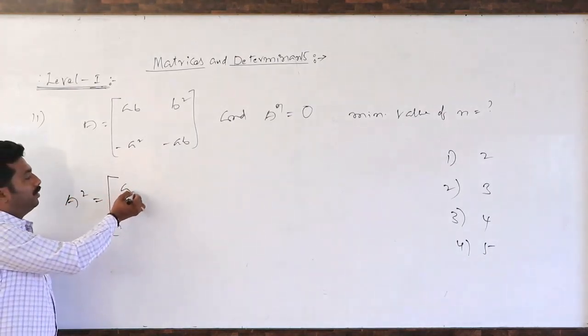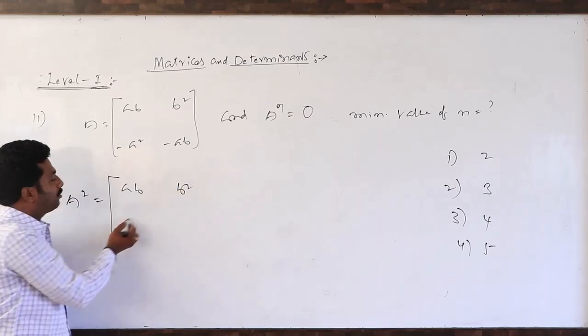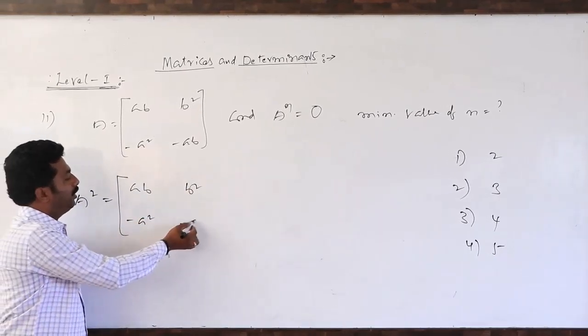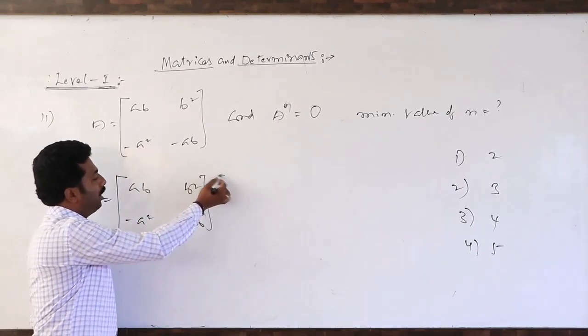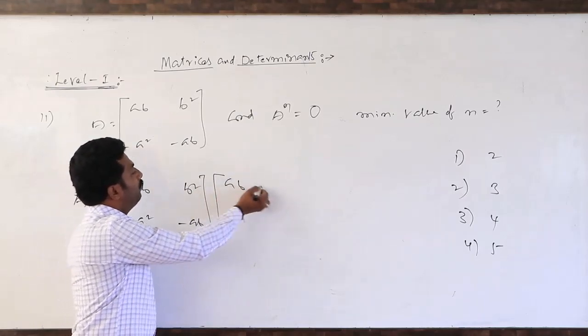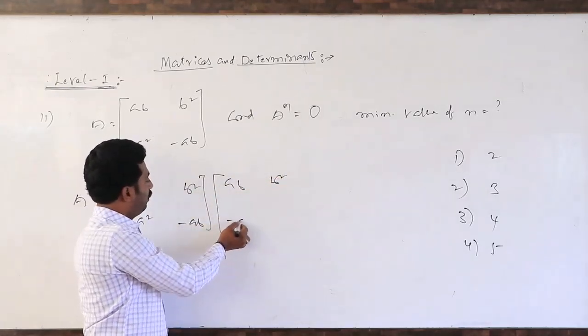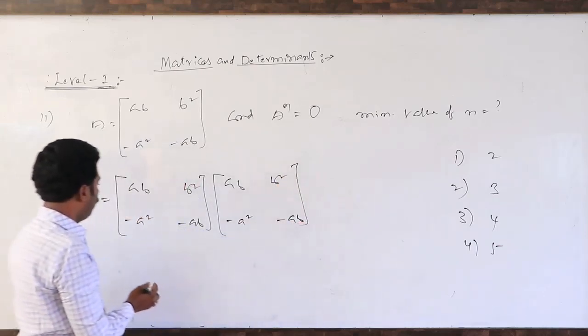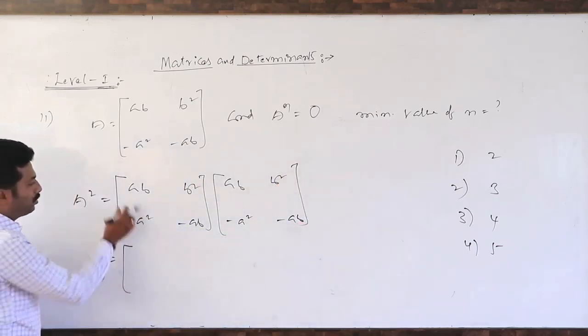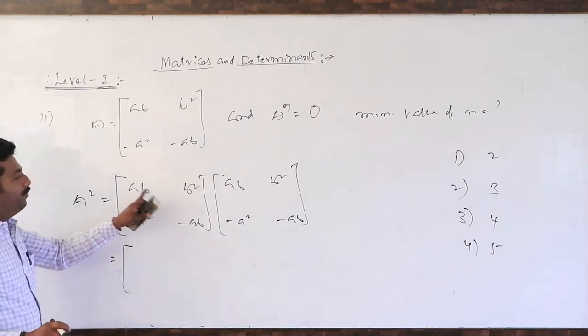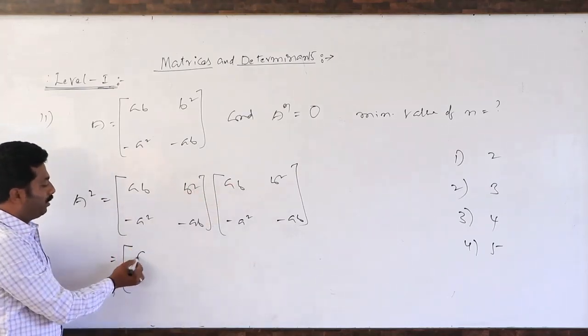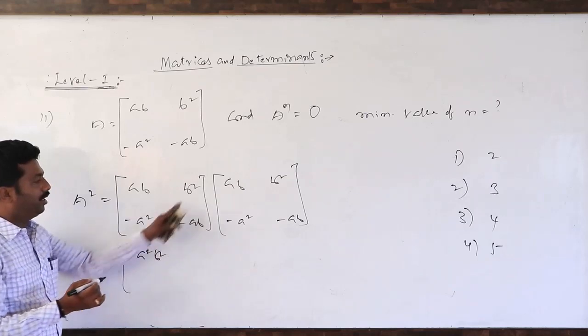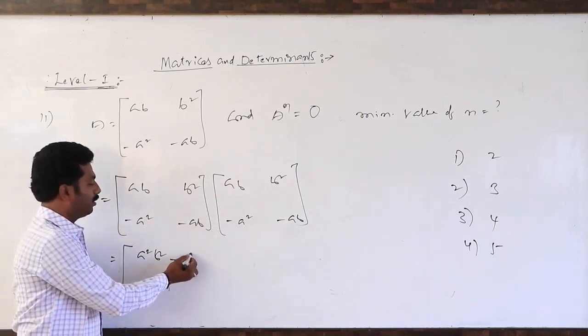See here, this is AB, B square minus A square minus AB. Again say AB, B square minus A square minus AB. So from this you observe rows, columns. AB into AB, A square B square minus A square B square.